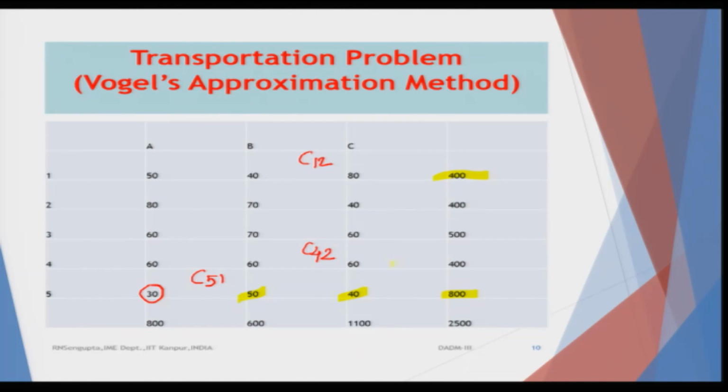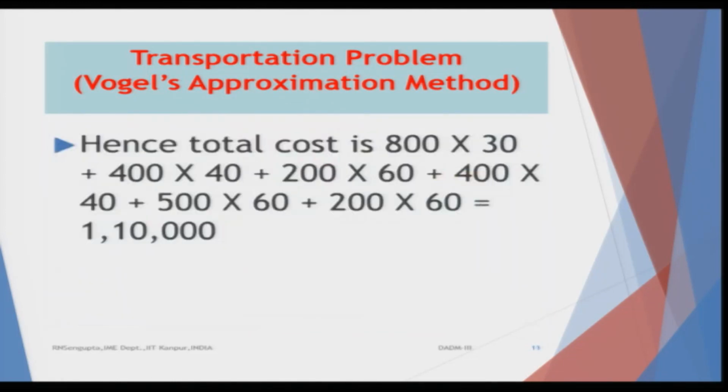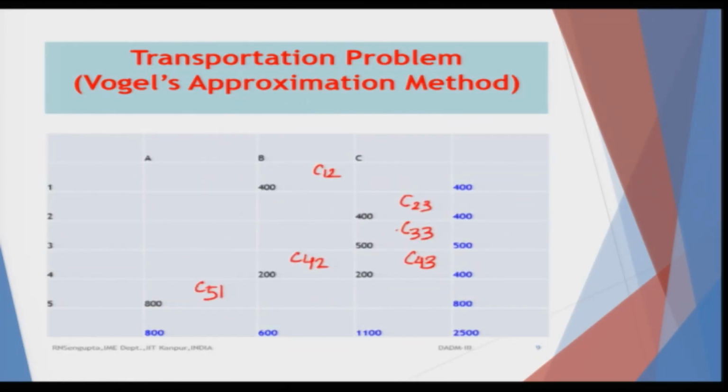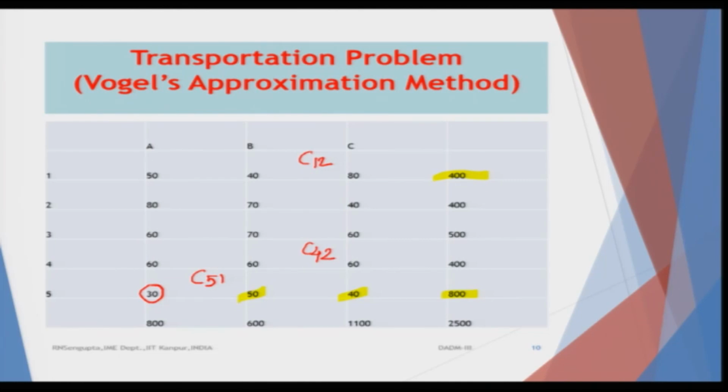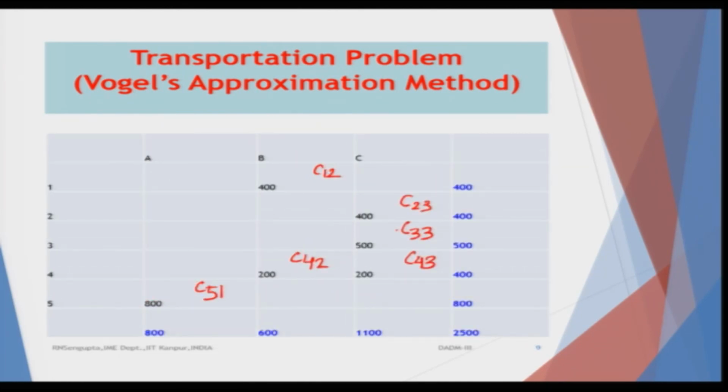So, something would be left here at a cost of 60. For this I will take the minimum cost of 60. For this I will take the minimum cost as 40, and that rule was basically intending to show that we are going in the right direction. So, if I consider the costs, it will be 400 into 40 plus 500, I am just checking the cells, C2 3 into 400.